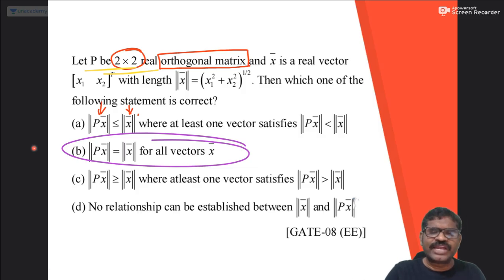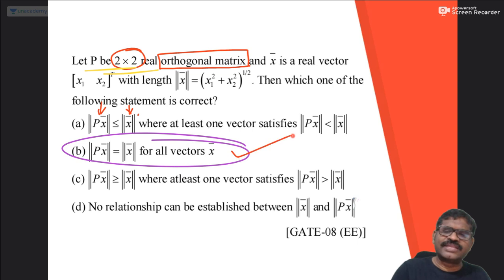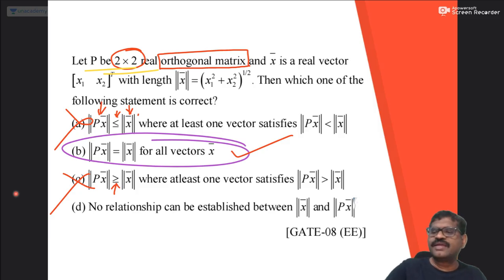Already I proved that both are equal. Then there is no discussion about less than and greater than. When exactly they are equal, what is the discussion about greater than or equal? Greater than is not valid, na? Less than is not valid, na? That's why that is ruled out.